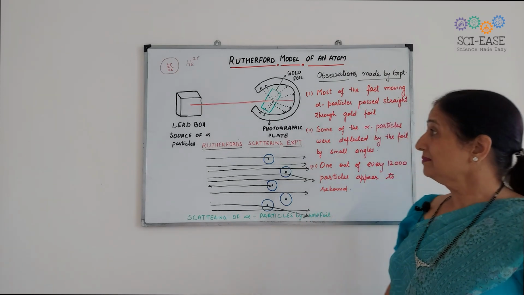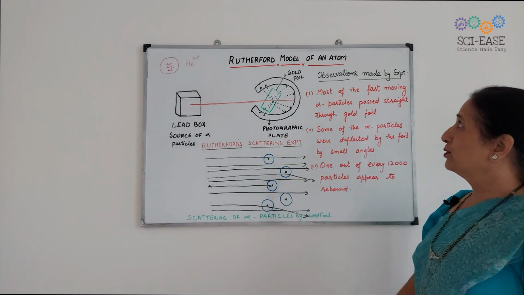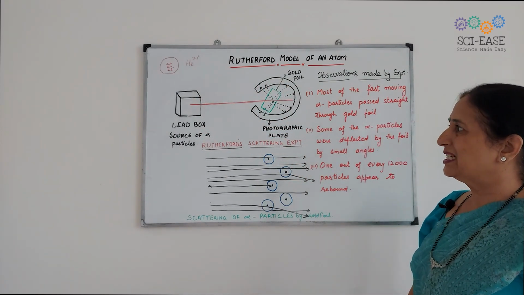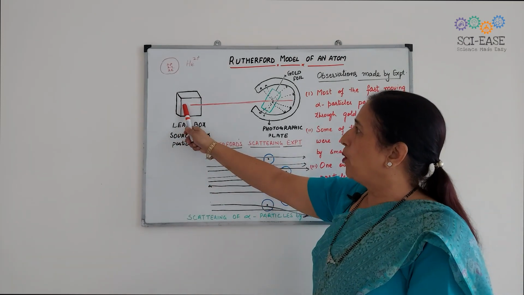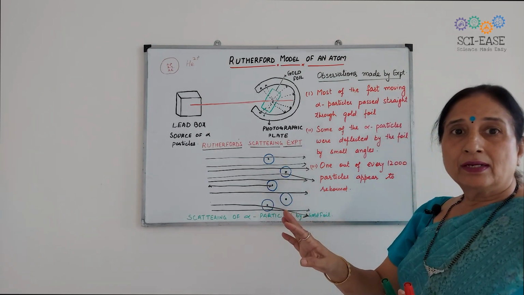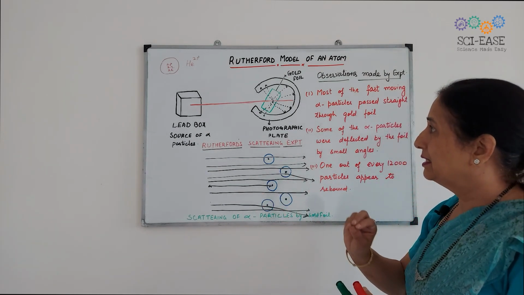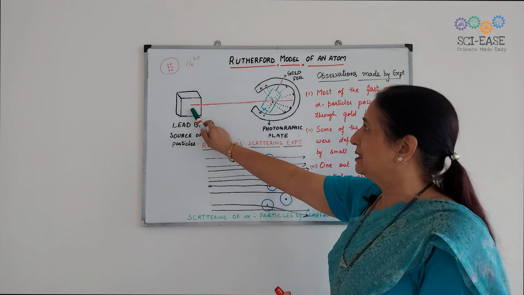Okay. Now this is the experiment, Rutherford's scattering experiment setup. This is the lead box through which alpha particles will come out. Okay, this is the source of alpha particles.